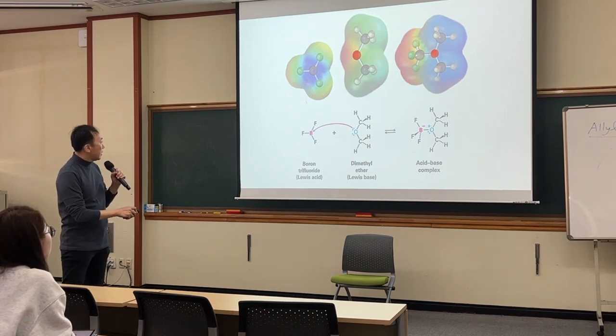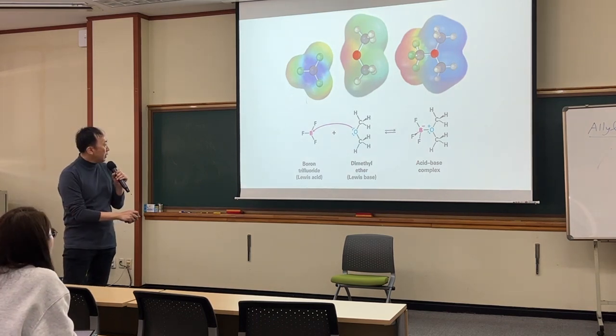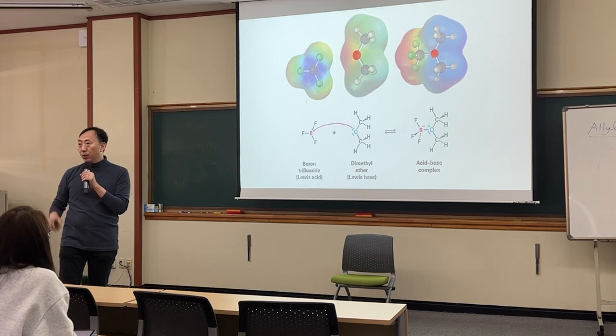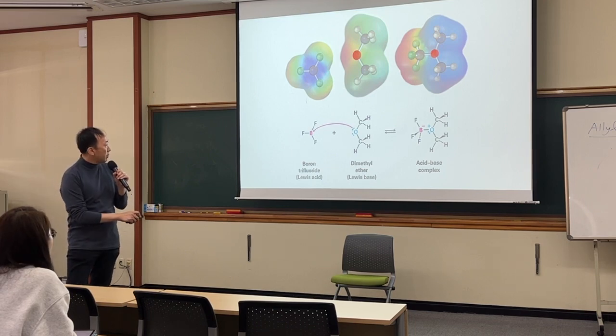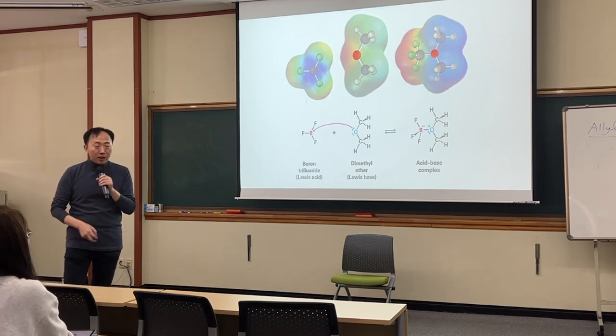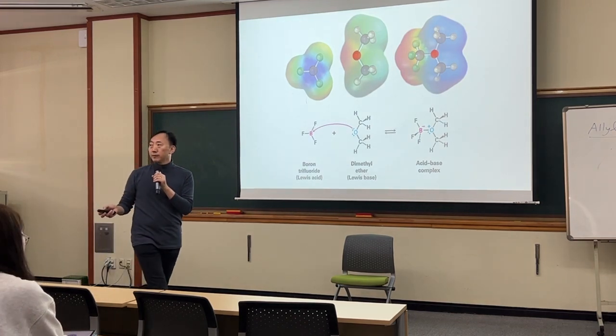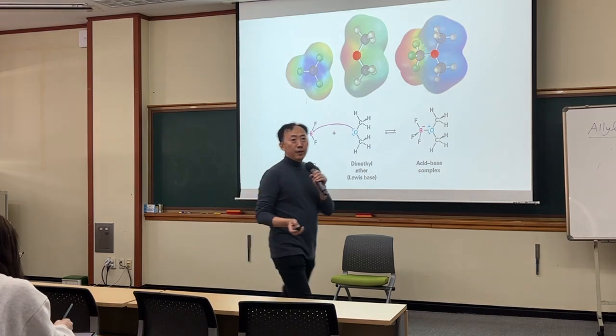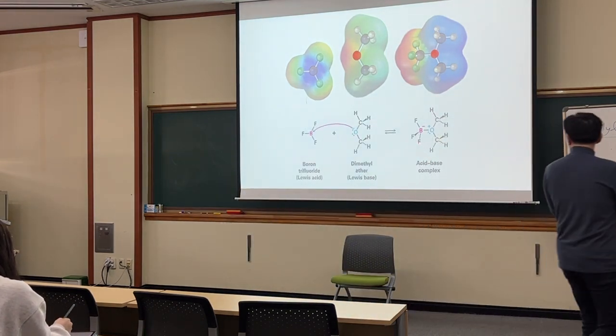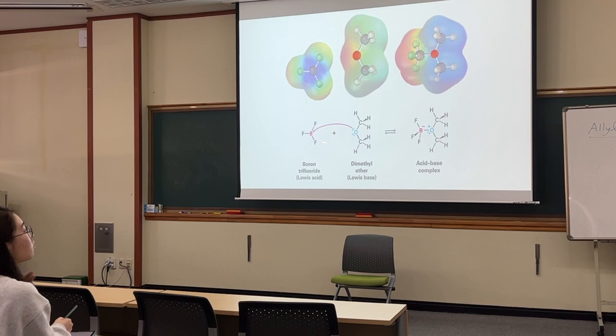And oxygen donates 1 pair, but bond-wise it is only 1 bond, so it becomes positive. This was the formal charge we have practiced, right? So as the end result, they can form this kind of a temporary bond, and we designate this one as a base, this one as an acid.